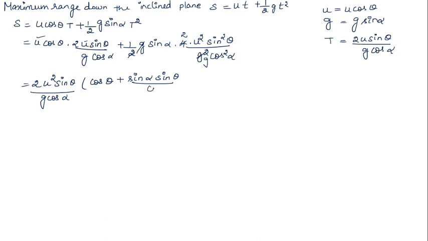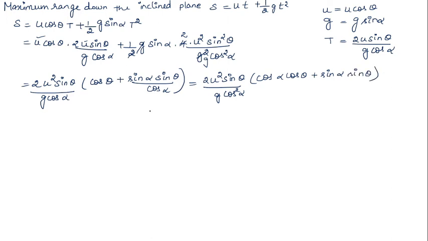divided by cos alpha. Now I am going to take this cos alpha as LCM, so this will be 2u squared sin theta divided by g cos squared alpha, into cos alpha cos theta plus sin alpha sin theta.